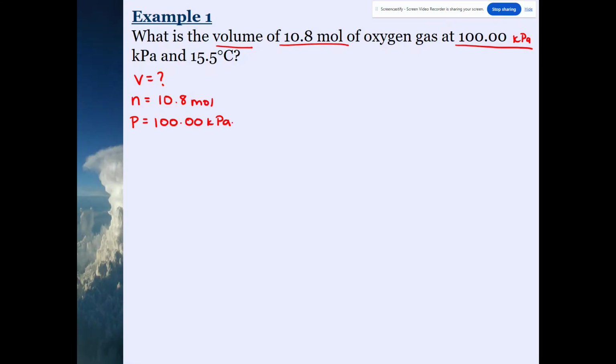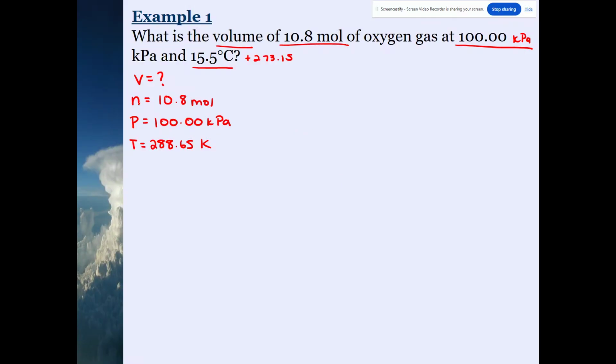Now remember, I have to convert that into kelvins, so we add 273.15 to convert it from degrees Celsius to Kelvin. So that gives us 288.65 Kelvin.